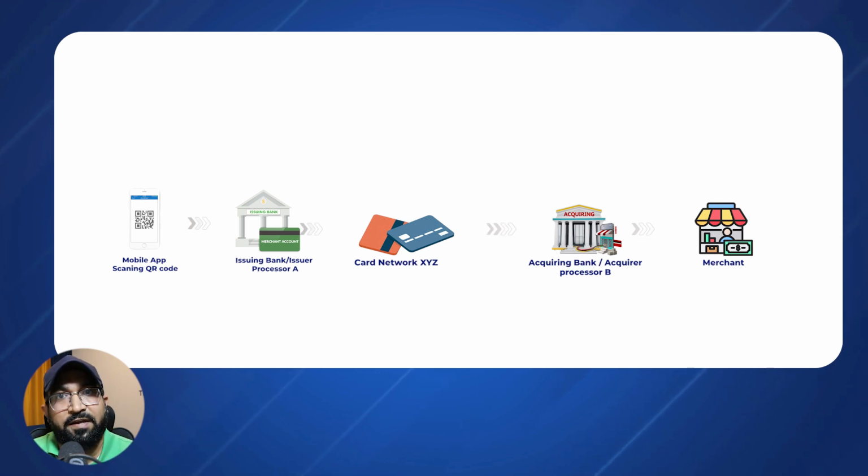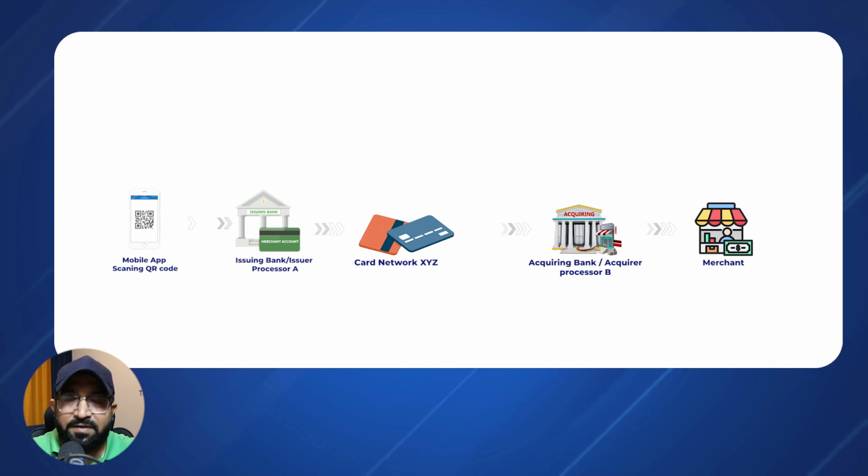Therefore, the card network XYZ can easily route your transaction to the acquiring bank B. Bank B already knows that this belongs to this particular merchant, and they will send the notification to the merchant that your transaction is approved. Then an acknowledgement comes back, all the way from the card network to the issuer, that the transaction has been completed end to end.